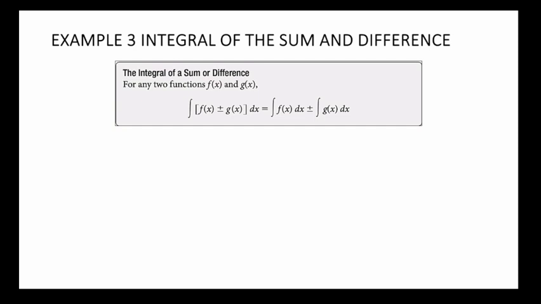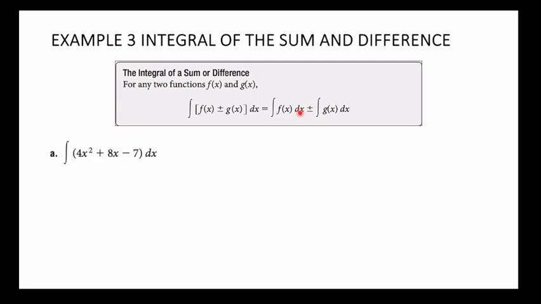Now, we have a similar rule when we're dealing with integrals. As long as you can get the antiderivative of both of these functions, you can split it up into pieces like this and do each of them separately.